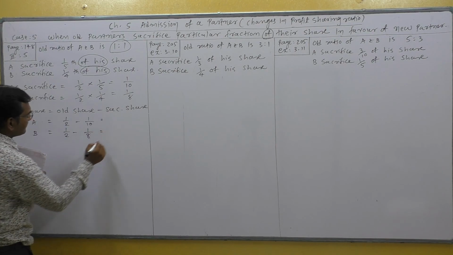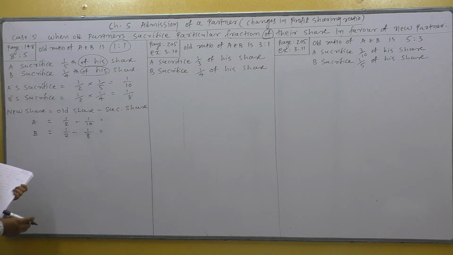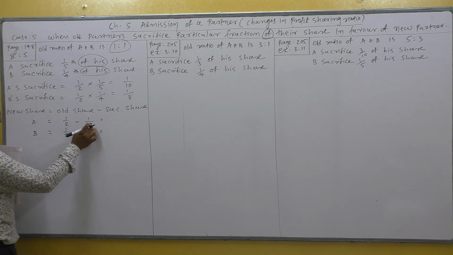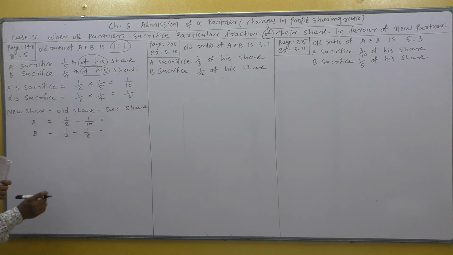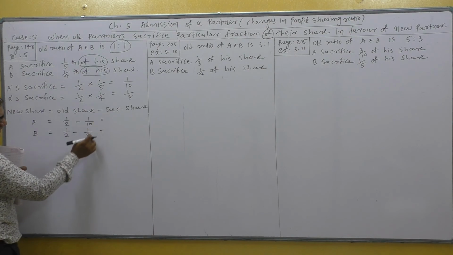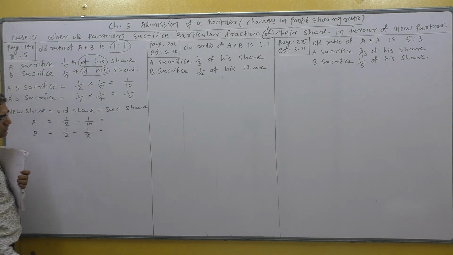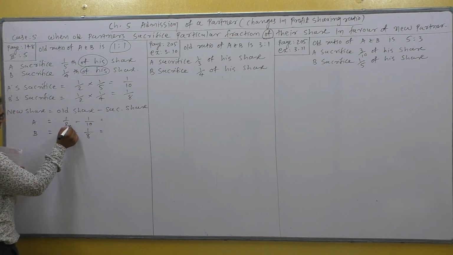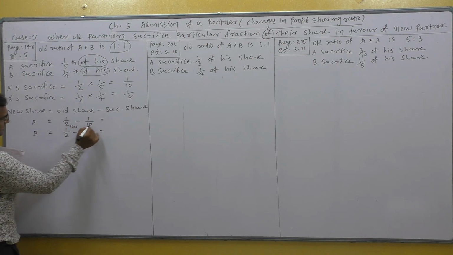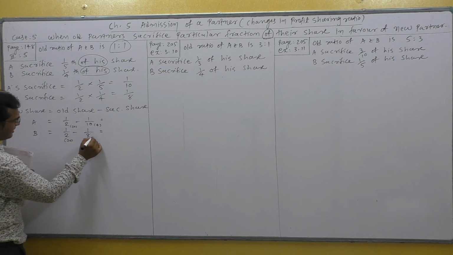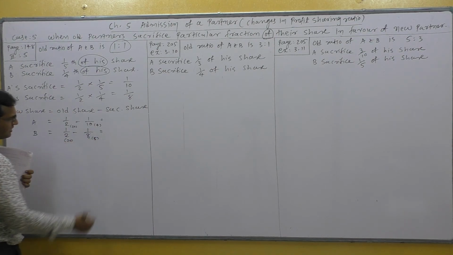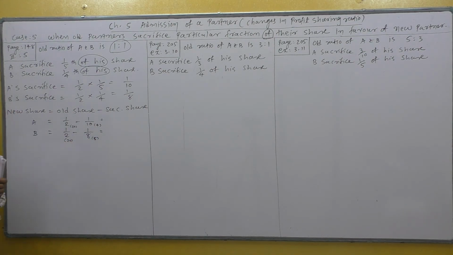Now LCM. Here the denominators are 2 and 10, and here 2 and 8, right? So it will be better to take the LCM equal. So 10 and 8 are given, so the LCM is to be taken 40. LCM 40. So here multiplied by 20 and multiplied by 4, again multiplied by 20, and here multiplied by 5, right? 8 5s are 40.